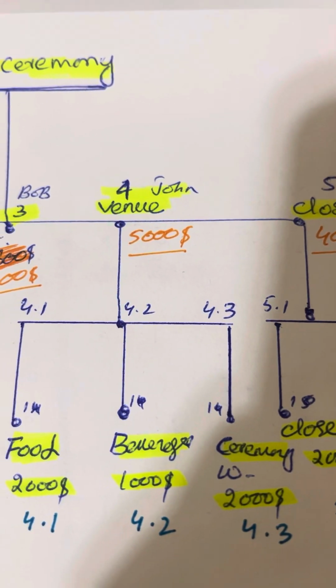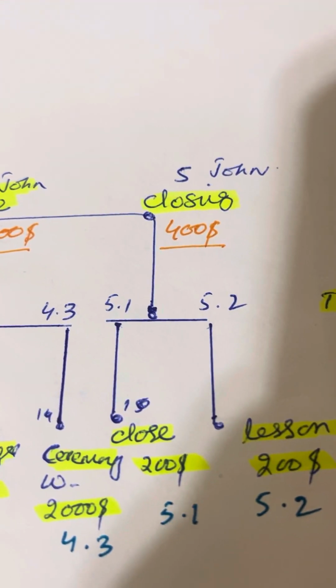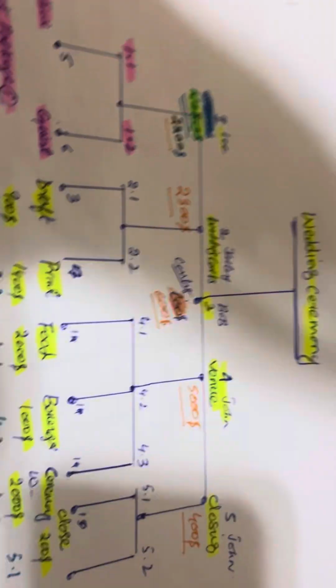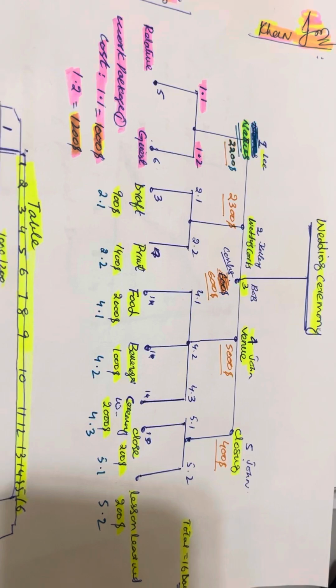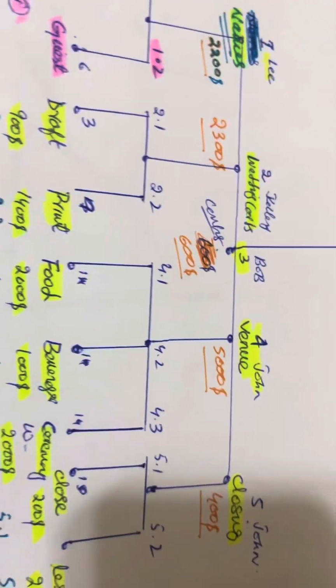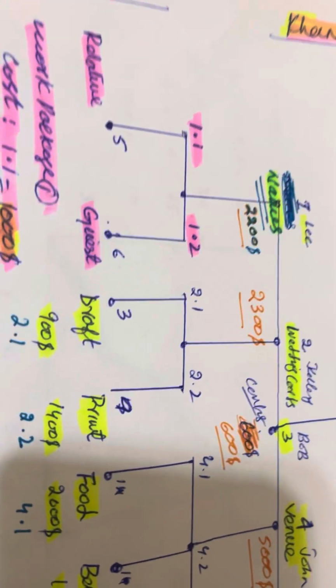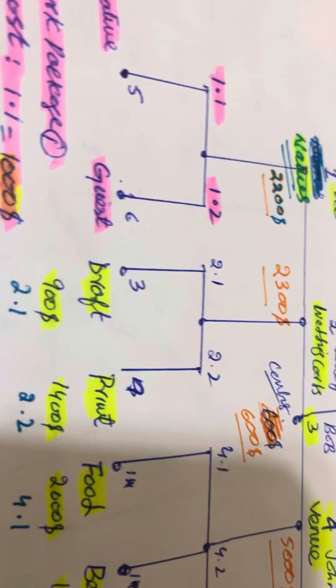The fourth is the venue, that's our deliverable, and the last one is the closing. So this is the whole work breakdown structure.